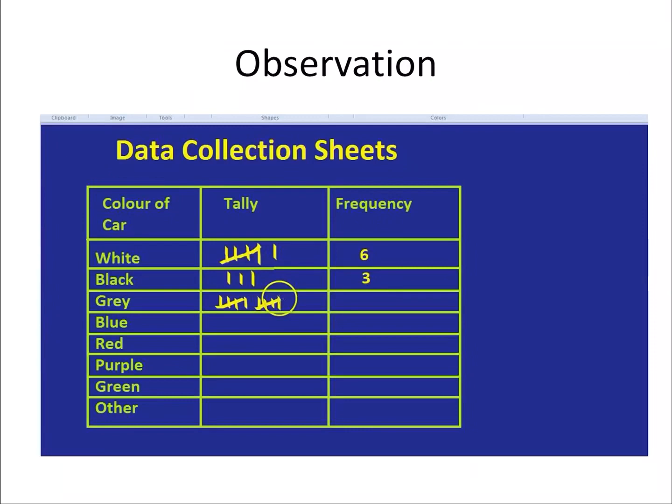If you are a student who's conducting an experiment of this type, one of the things you will use is called a data collection sheet. A data collection sheet can be drawn out by hand or a printout, and it's essentially a table where you are tallying things up.